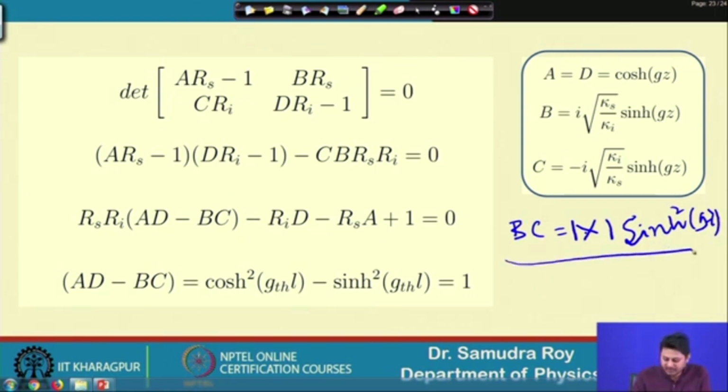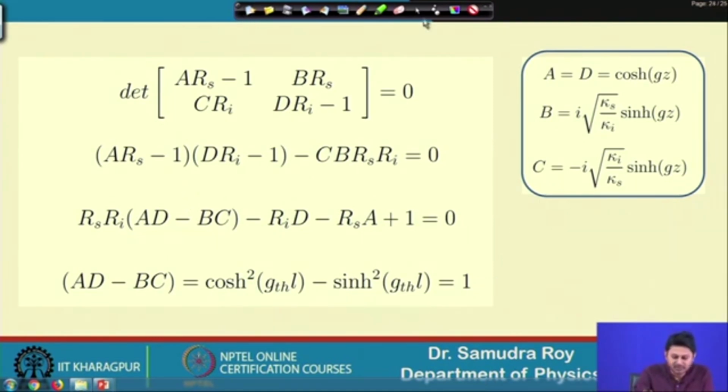So BC is simply sinh squared. AD minus BC is simply cosh squared of g threshold L minus sinh squared of g threshold L. We know cosh squared x minus sinh squared x is nothing but 1, so we will have a more simplified expression by putting this equal to 1.